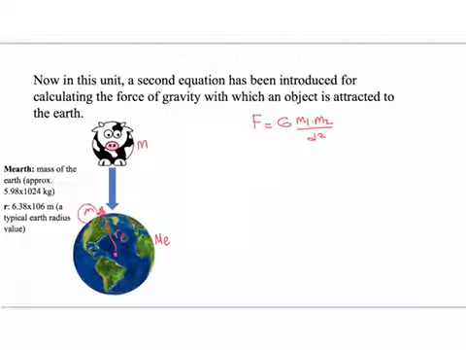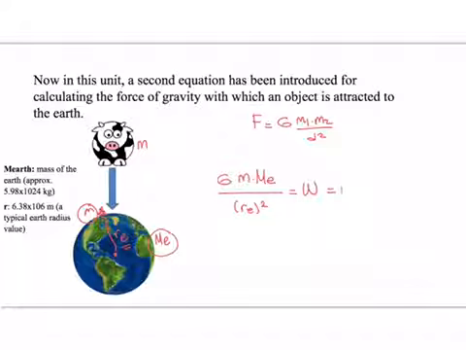So now let's apply it. I have m1, the mass of the cow, and the second mass, the mass of the earth, over the distance between them, which is the radius of the earth. And we said that this is the force of gravity, which we call weight, and we calculate weight from the formula m times g.